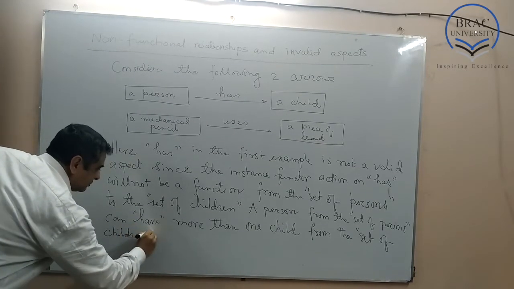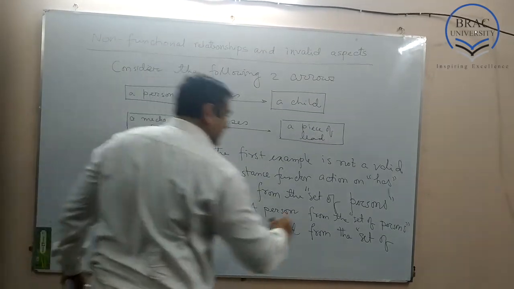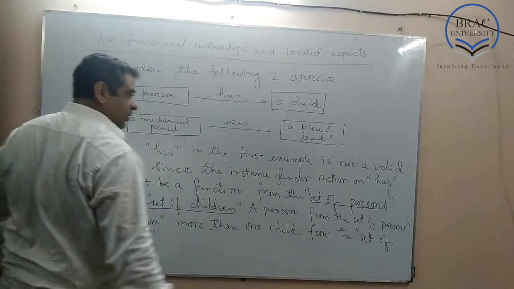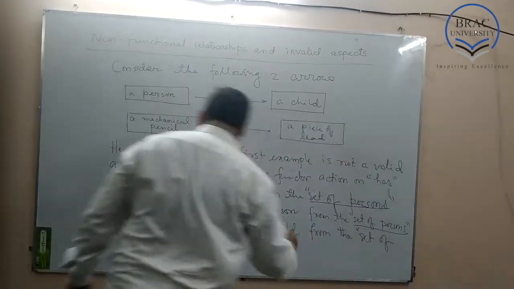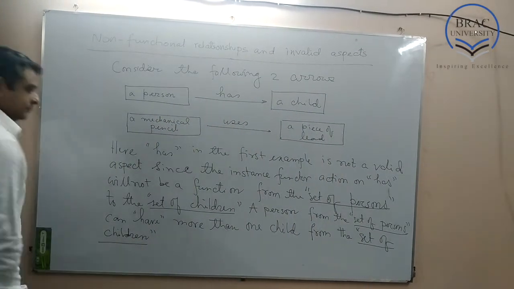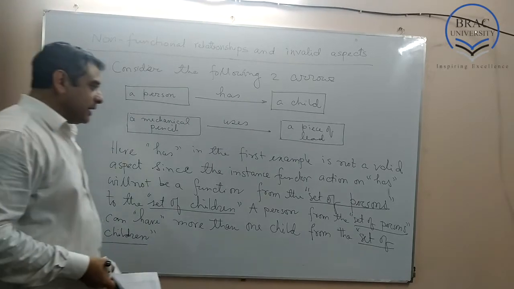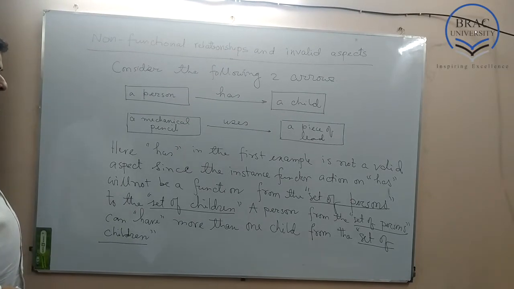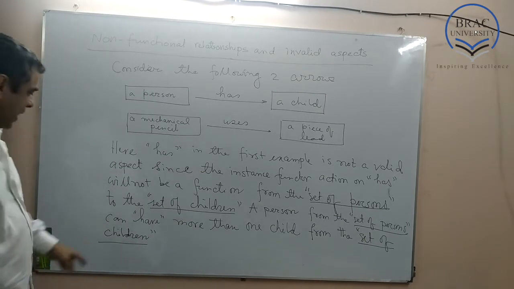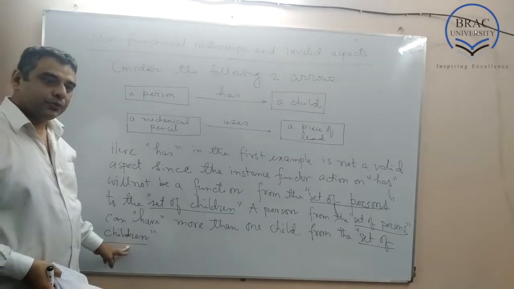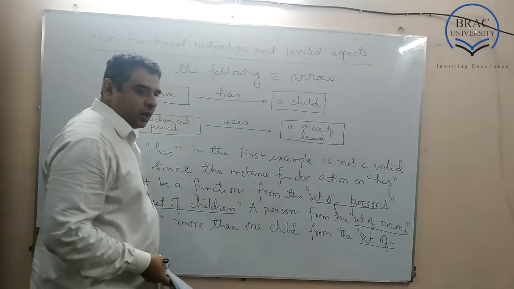So let me underline the sets here, the set of persons and the set of children. So one element from the set of persons can point to two elements of the set of children, which by definition is not a function.